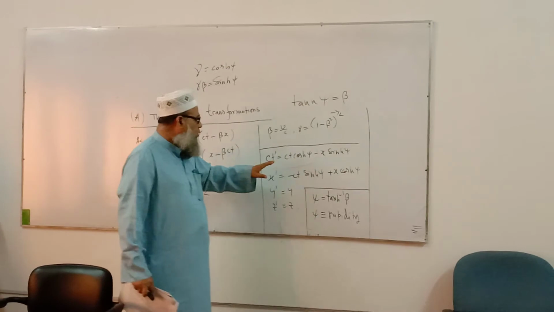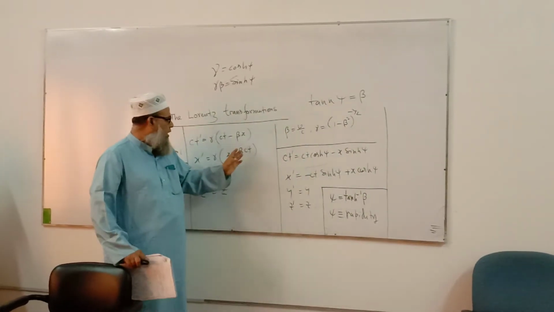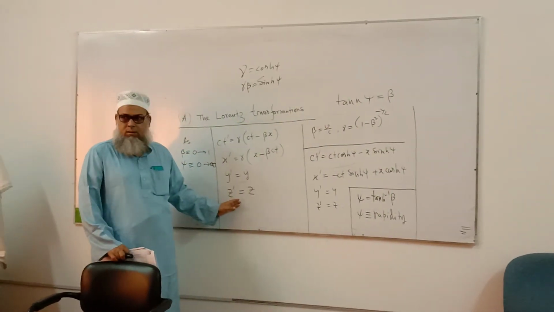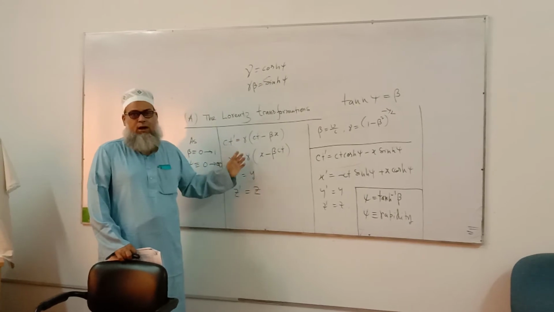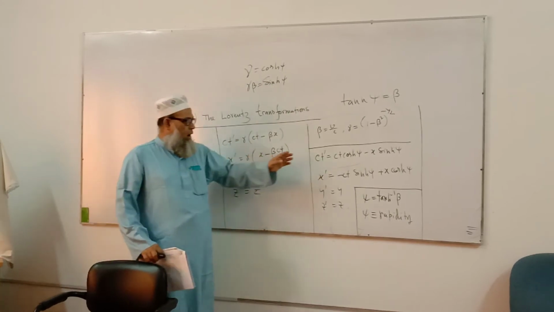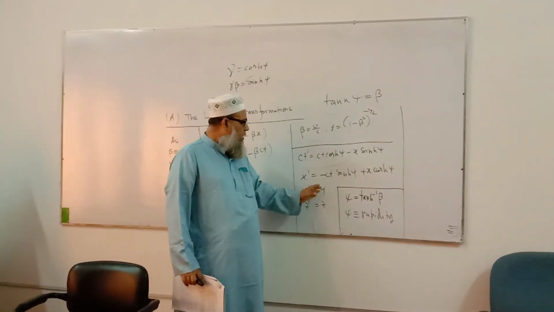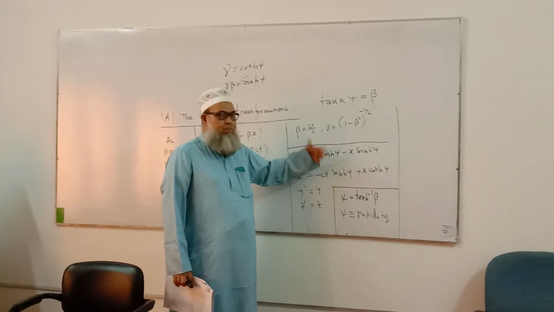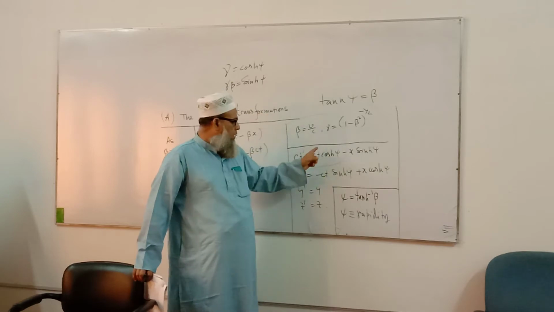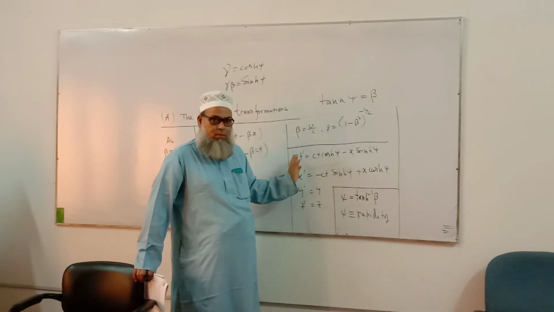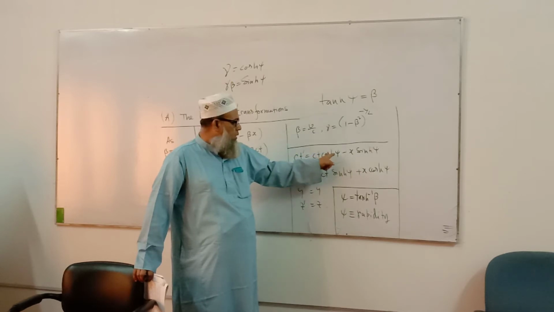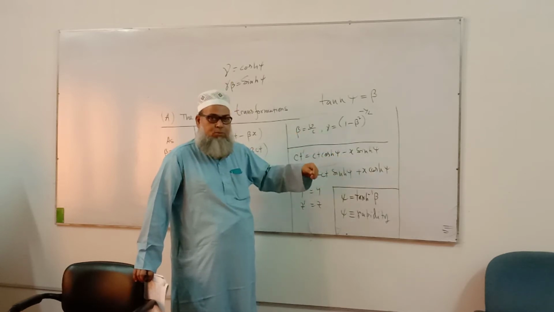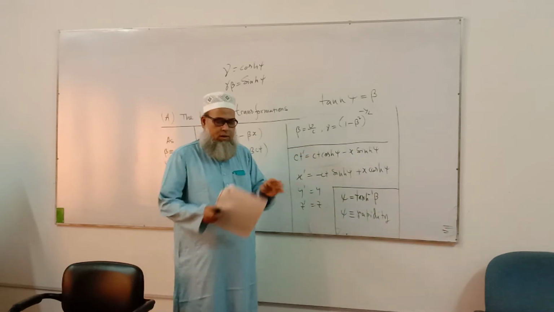Now, if you want to find the inverse transformation, solve this and you will get the inverse transformation. From these formulas, if you want the inverse transformation, then psi should be replaced by minus psi.